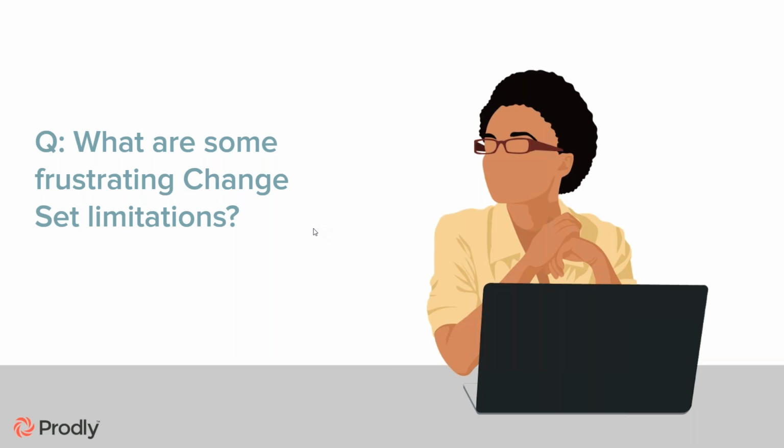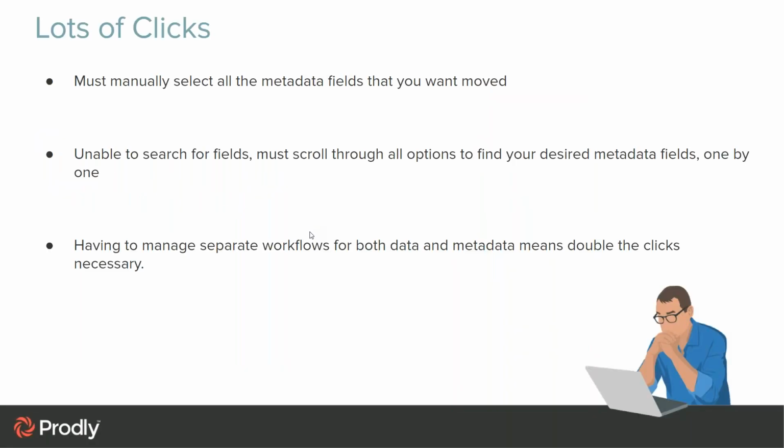Okay, so the first answer to this, there's quite a few. So we've kind of broken them down into some categories here. First of all, lots of clicks. We have to, at this point, manually select all the metadata fields that we would like to have moved. Anyone who's used change sets before, this is nothing new.